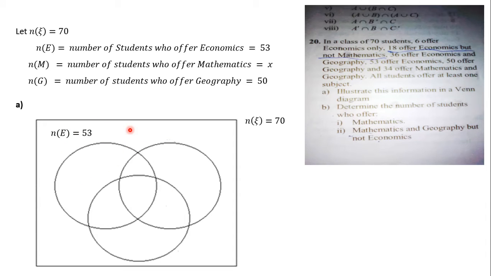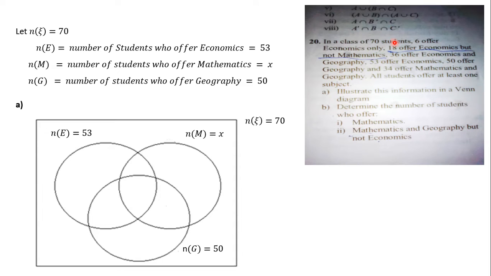Then geography too is below. Then the mathematics is here. So this circle is for economics, this one is for mathematics, and this one is for geography. Now we shall move on to look at the problem step by step.